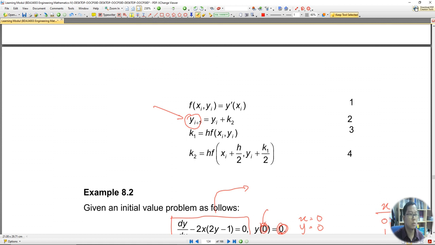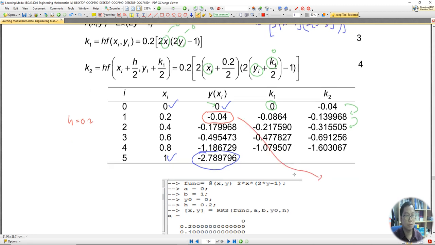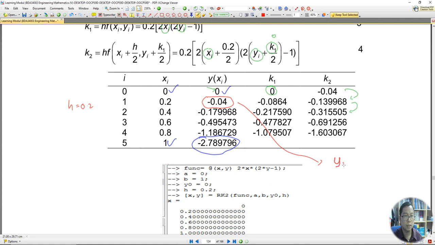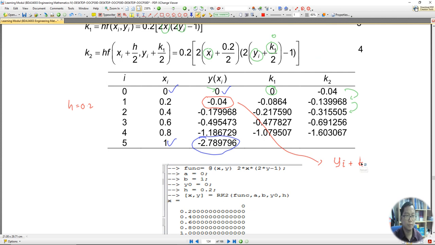So y(i+1) equals yi plus k2. In order to identify this value minus 0.04, you have to sum the previous y, which is equal to 0, plus k2.